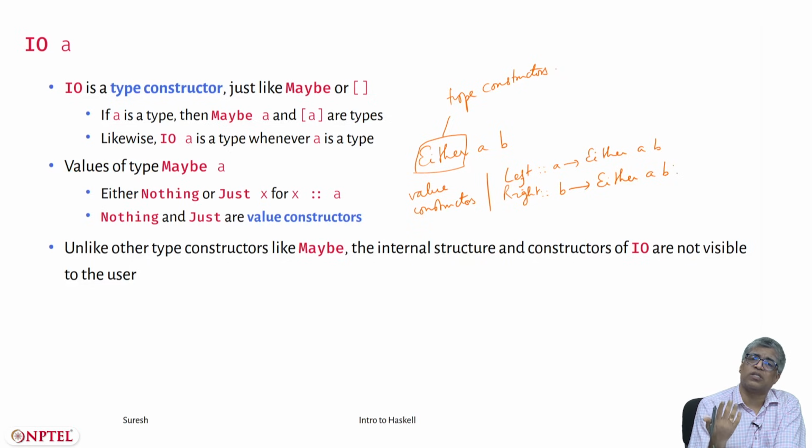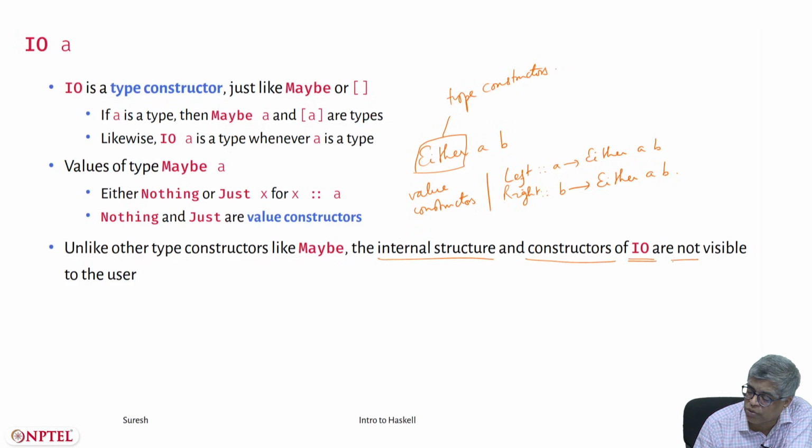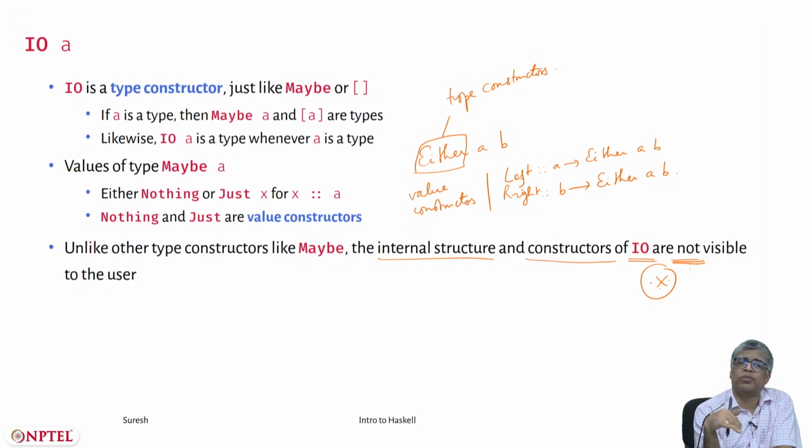But unlike for these types, IO, which is also a type constructor, does not allow the programmer to access the value constructors. Okay, so the internal structure as well as the value constructors of IO are not visible to the user. Okay, this is important. That is the main difference between IO and type constructors like Maybe, Either, etc.